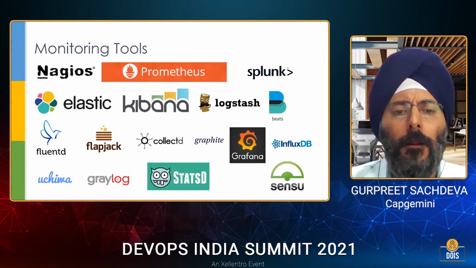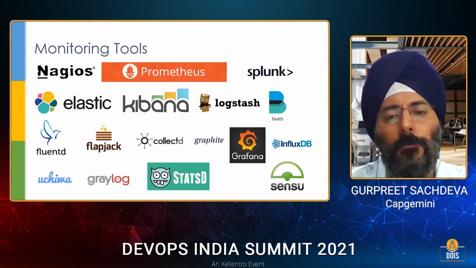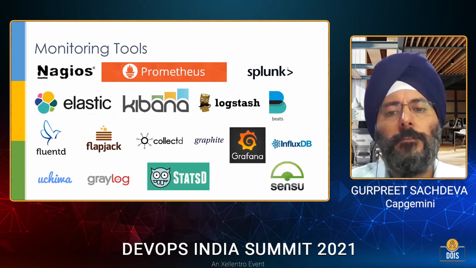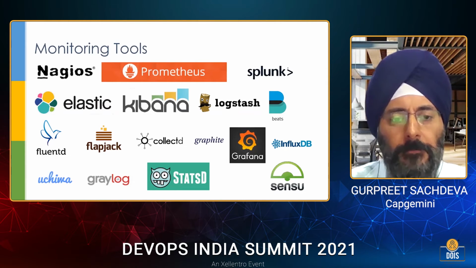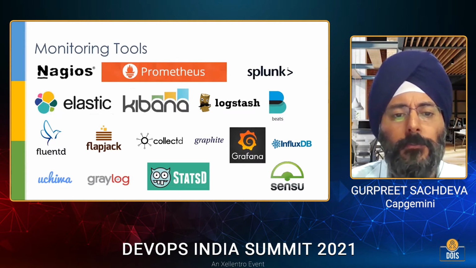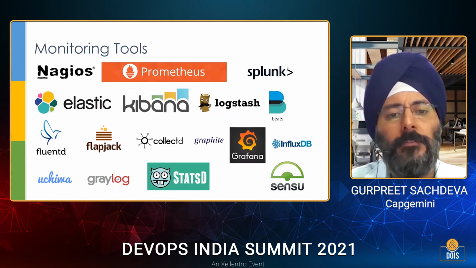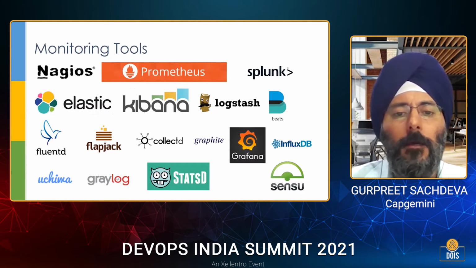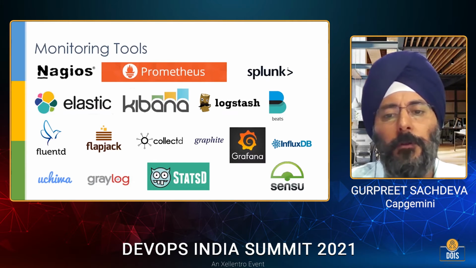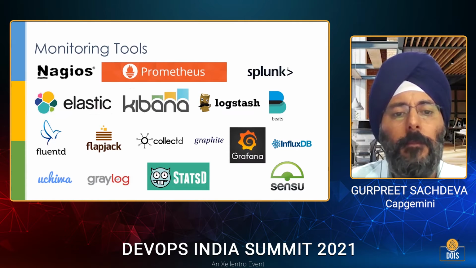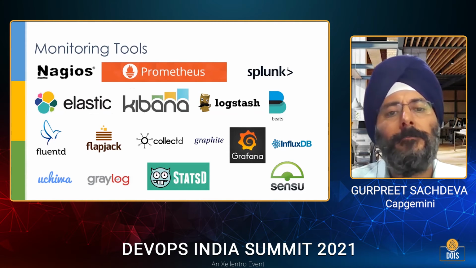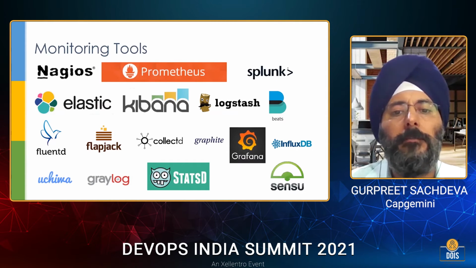There is a plethora of monitoring tools from which we can choose. Each of these tools addresses specific areas. We have Nagios, which monitors systems, networks, and infrastructure. Prometheus is used for event monitoring and alerting. Splunk captures, indexes, and correlates real-time data in a searchable repository from which it can generate graphs, reports, alerts, dashboards, and visualization.